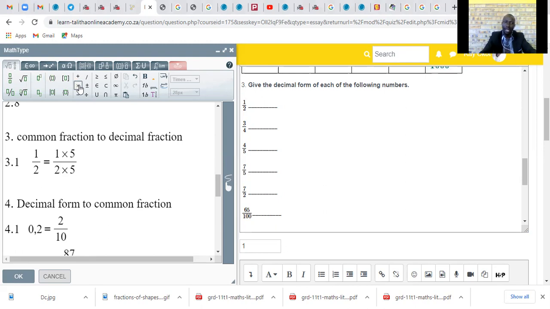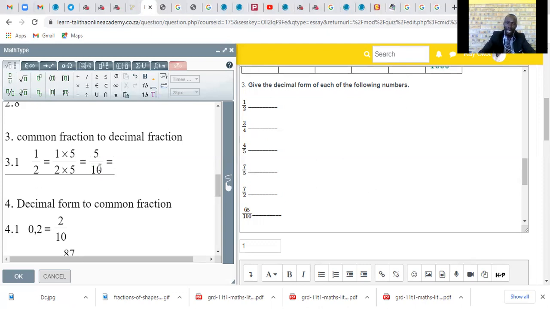Why have we done this? It's because we want to express this fraction with the denominator being a power of 10 or a factor of 10. Well, what would this give us then? This would give us 5 divided by 10. And what should the final answer be?